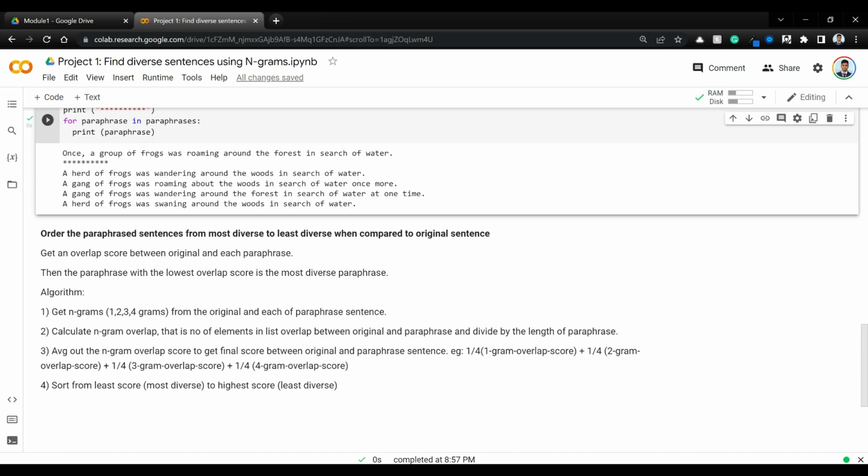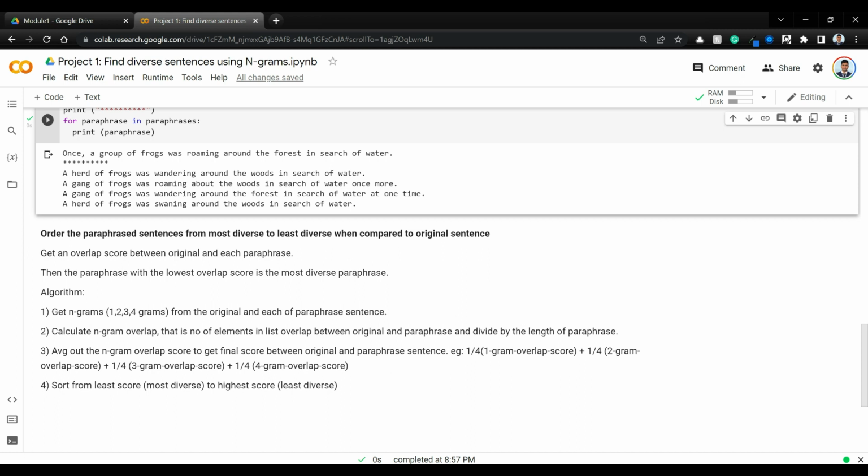In order to get the overall similarity score, you can just take the average of the n-gram overlap scores. That is, you can do 1/4 of the 1 gram overlap score, 1/4 of the 2 gram overlap score, 1/4 of the 3 gram and 1/4 of the 4 gram. Since you have 4 different scores, that is unigram, bigram, trigram and 4 gram, you are just averaging out all these scores.